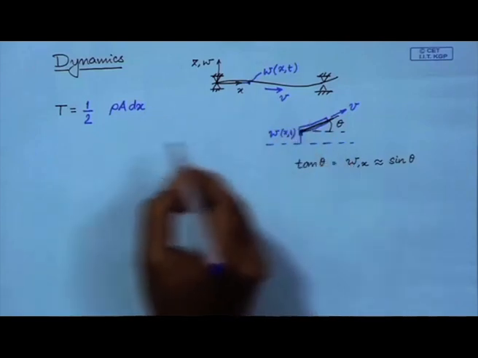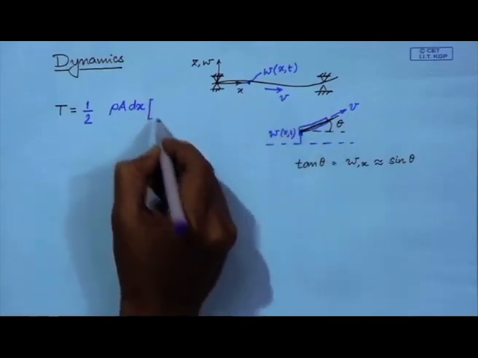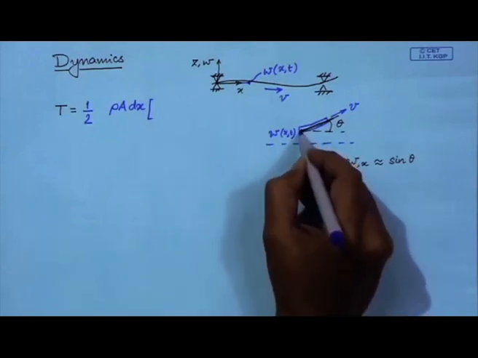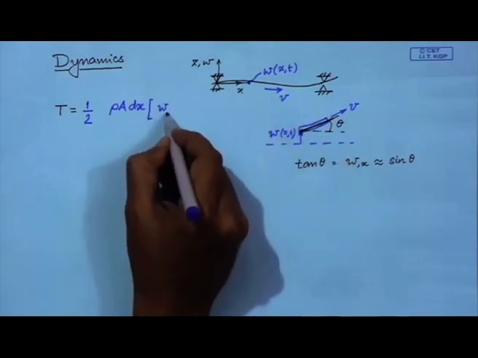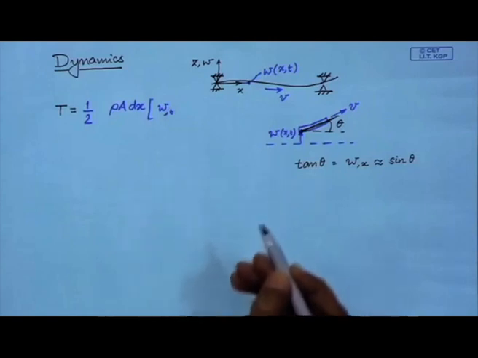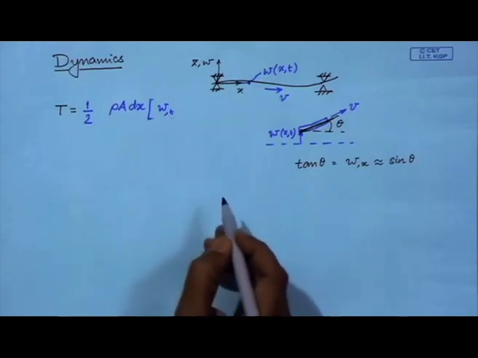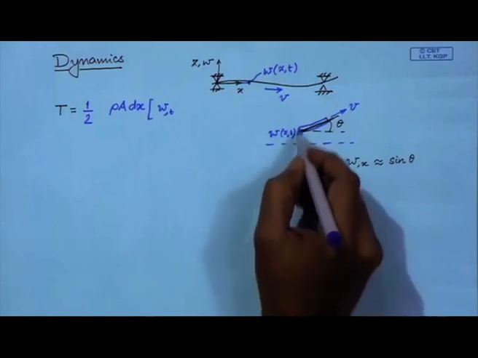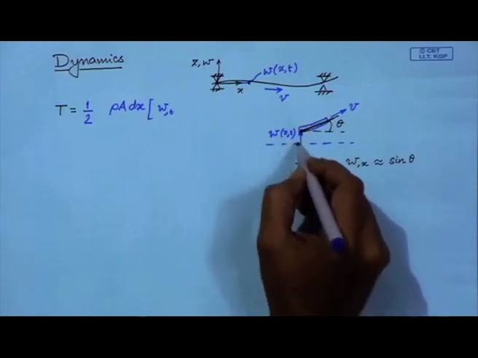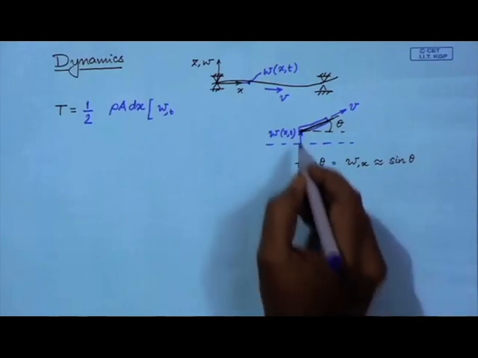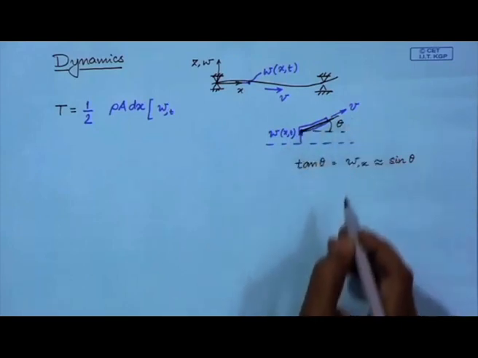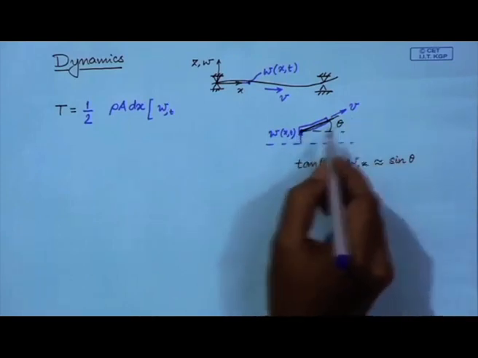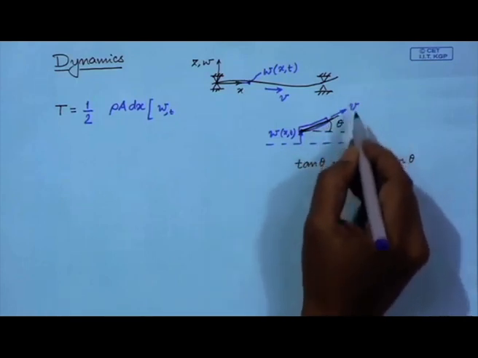The transverse direction velocity is a combination of del w del t, which is the local time derivative, and a convective part because of its velocity.